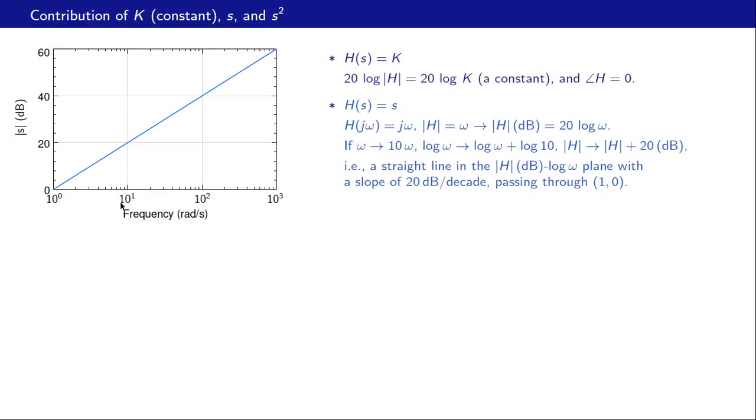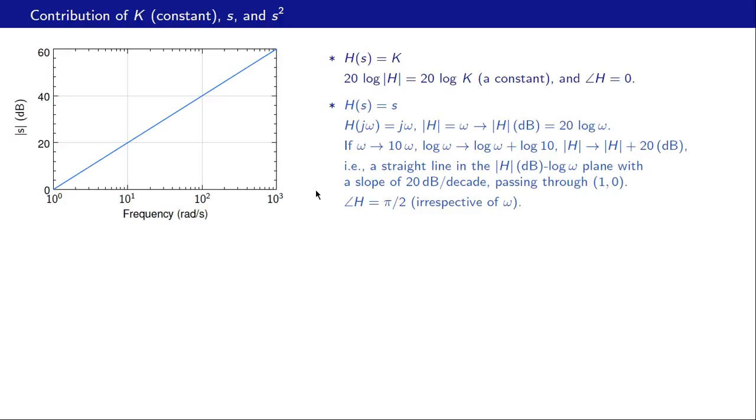At omega equal to 1, which is this point, our h in magnitude is 0. That is the same as mod of s here. And as we increase the frequency, the function goes up with a slope of plus 20 dB per decade. Is this an approximation? Not really. This is actually the exact behavior of mod of h. We have not really made any approximation.